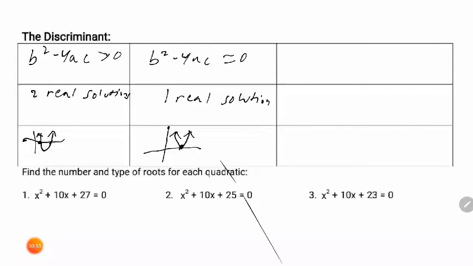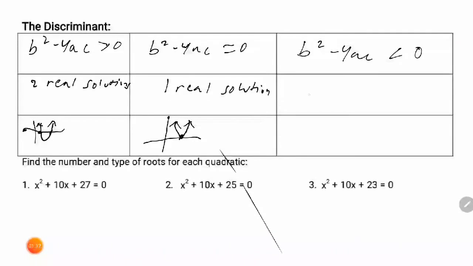Your vertex is your one real solution there. And if b squared minus 4ac is less than 0, then we get two imaginary solutions.